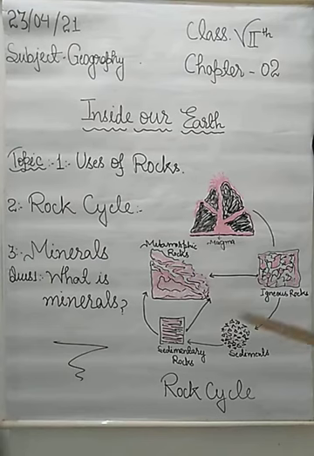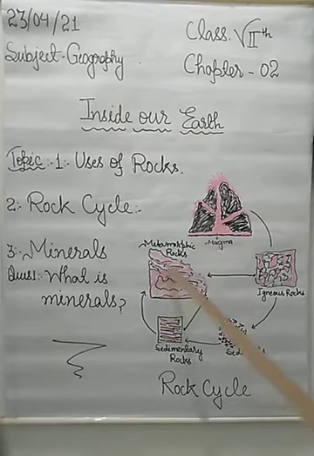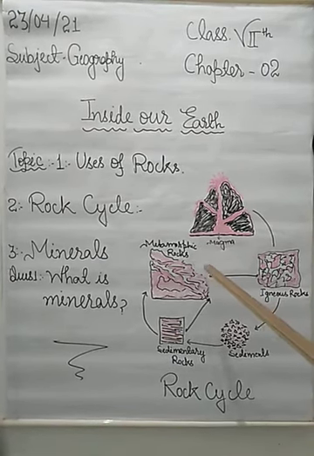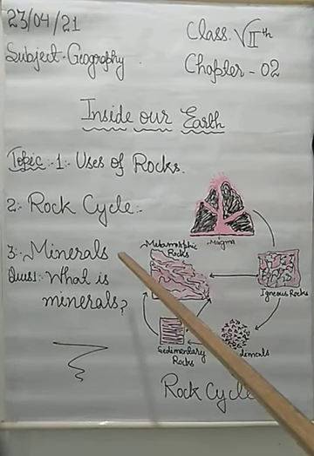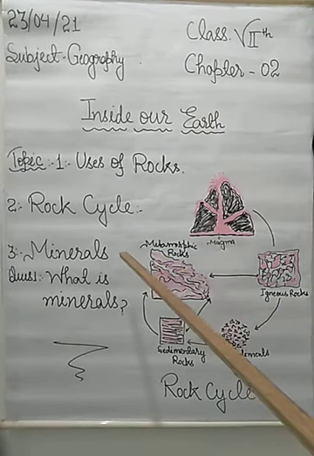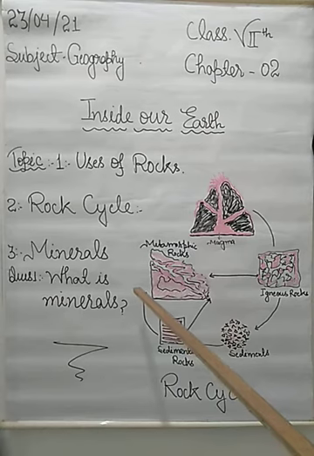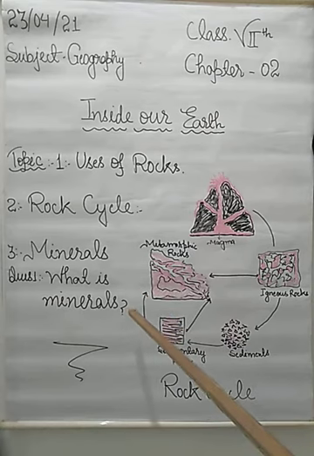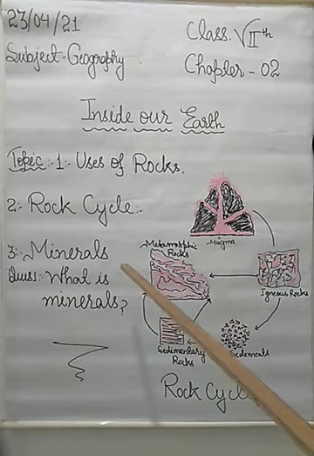So my dear students, as I told you, these rocks are made up of or formed by different types of minerals. So one question will arise here: what are minerals?